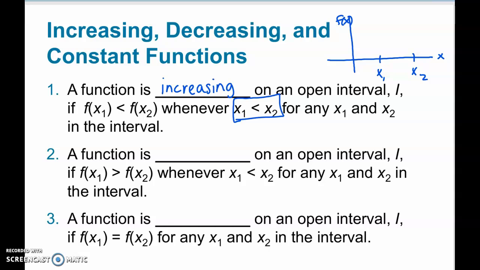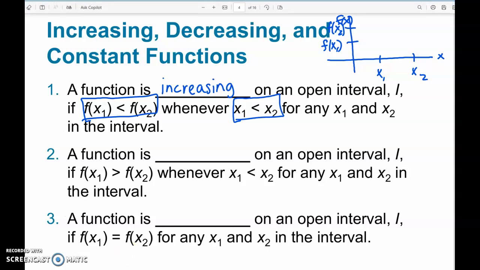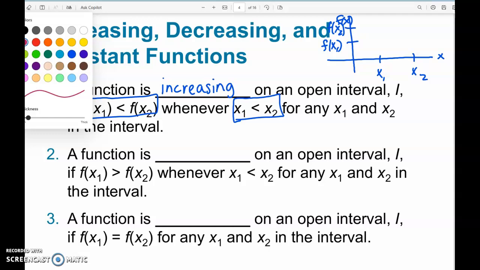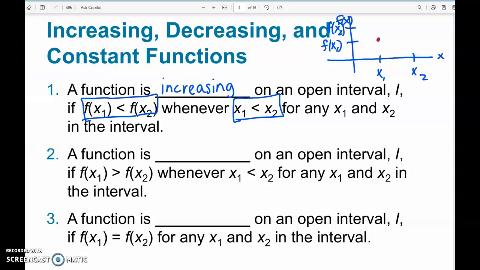And it says if the function output of f sub 1 is less than the function output of f sub 2. So in order for this to be true, f sub 1 has to be below f sub 2 on the vertical axis in order for it to be less than. So it is saying that you've got an ordered pair here, x sub 1, and then the output.